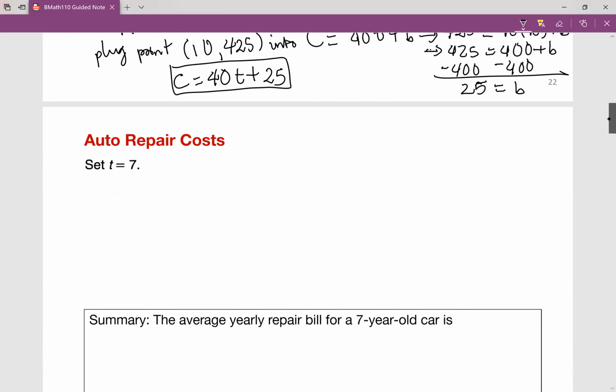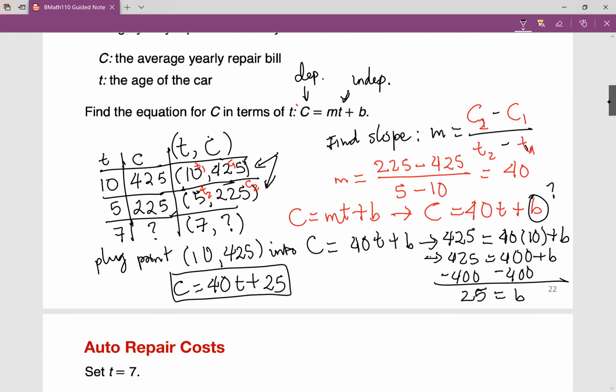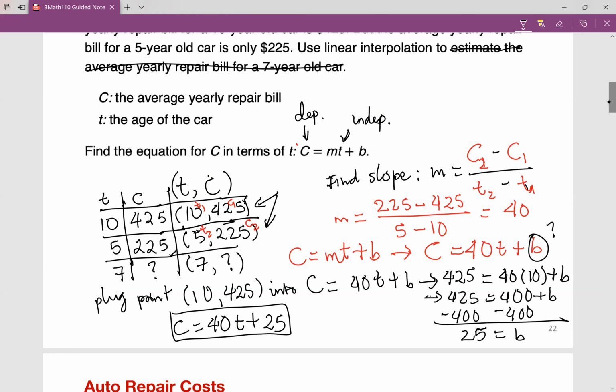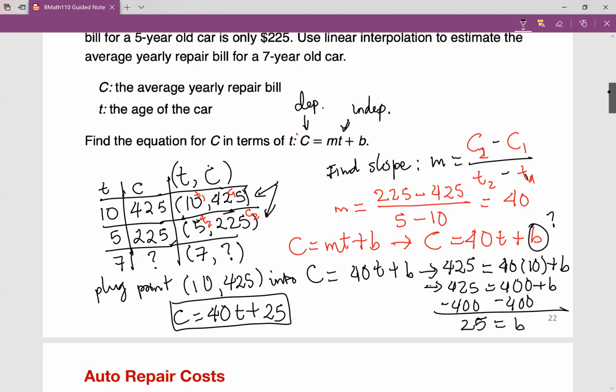Oh, okay, actually now we need to estimate. I don't know why it is using the word estimate. Actually, oh yes, because we don't know yet. Everything in real life cannot be an exact number, so they use the word estimate.